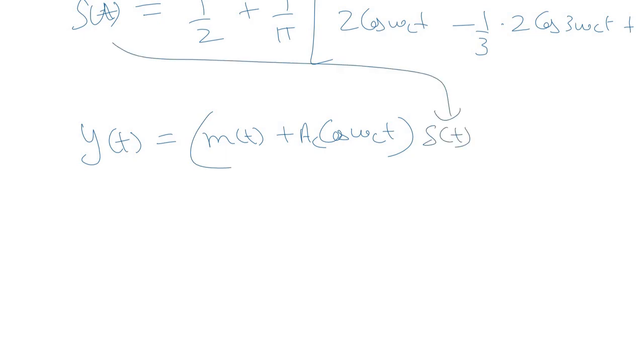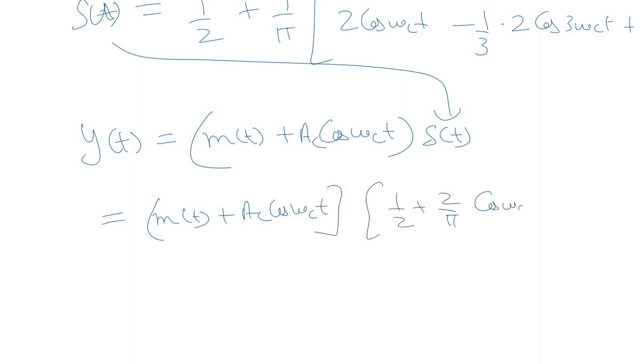Substitute this S of t over here. We get m of t plus Ac cos omega ct into 1 by 2 plus 2 upon pi cos omega ct minus 2 by 3 pi cos 3 omega ct plus so on. We are not bothered about the higher order terms because those will be anyhow eliminated.